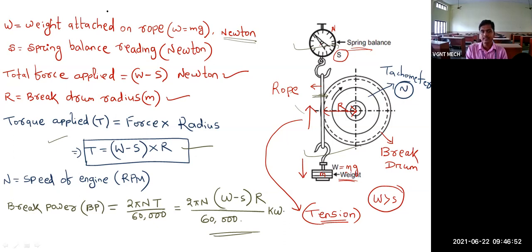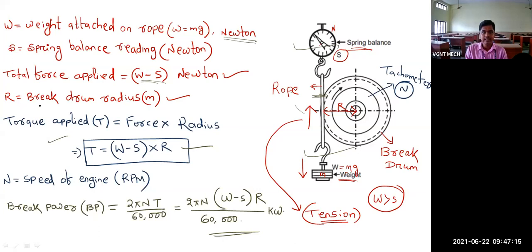So the spring balance reading we can get from here in Newton. So what is the total force applied? Downward force is W, the upward force is S, the spring balance. So total force is W minus S. We'll assume that the downward force is greater than the upward force. So total force applied is W minus S.